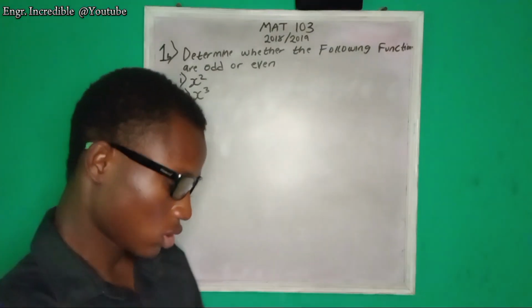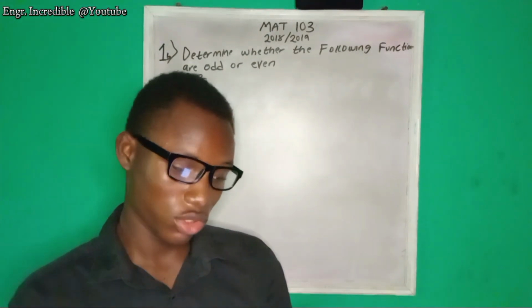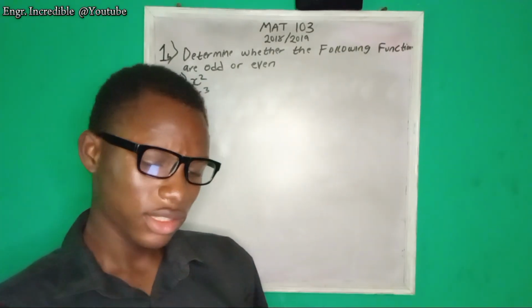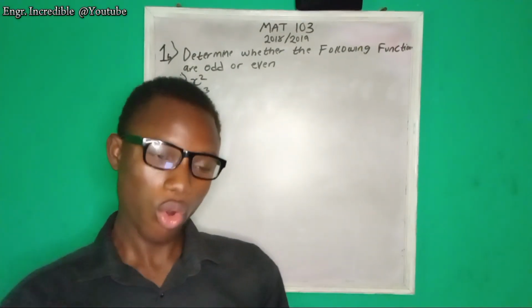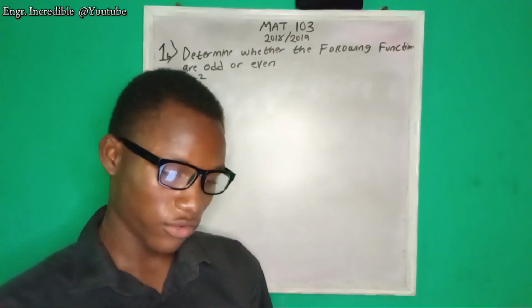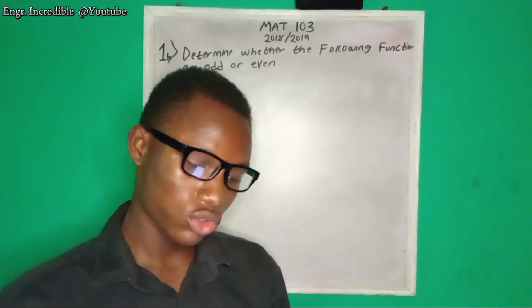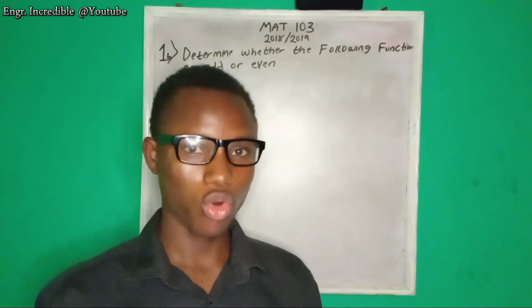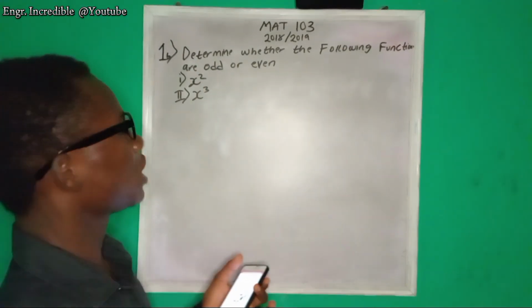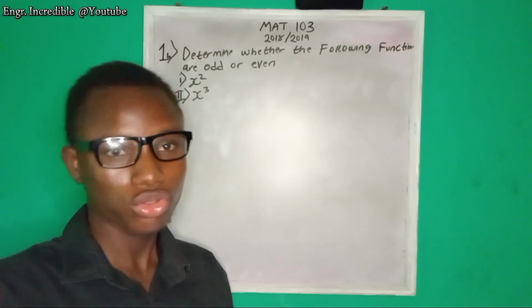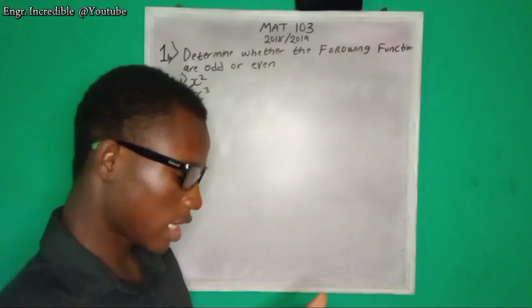So right here in the 1b of the past question, the 1b says determine whether the following functions are even or odd. The first function is f of x is equal to x square, and the second function is f of x is equal to x cube. Now they ask us to determine whether the following functions are odd or even.